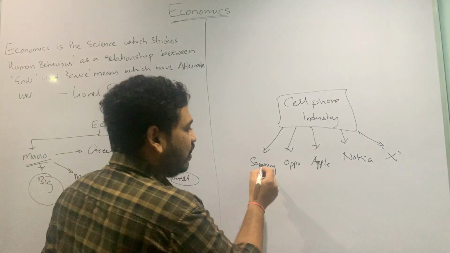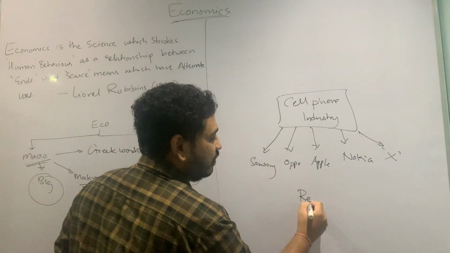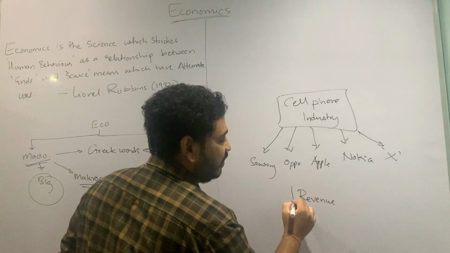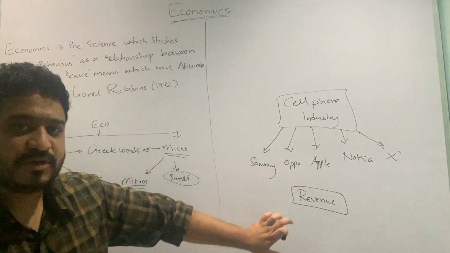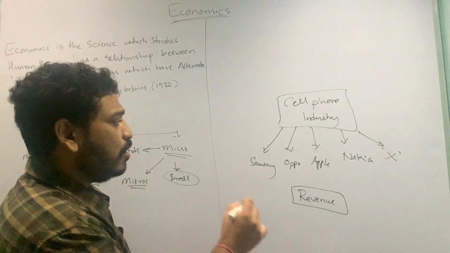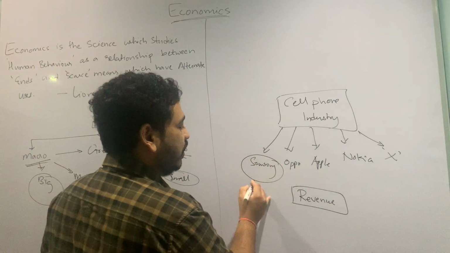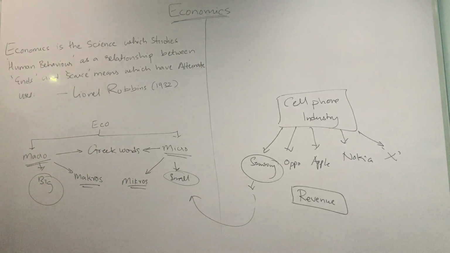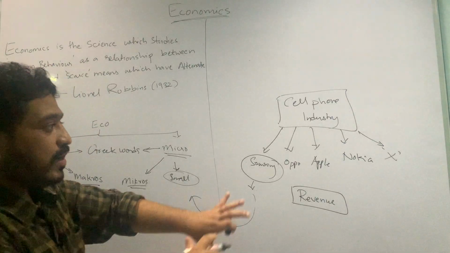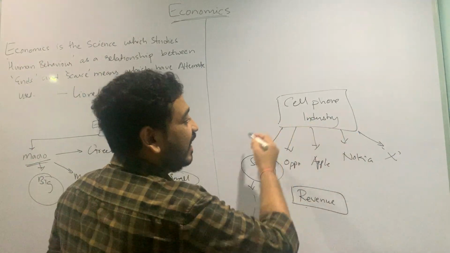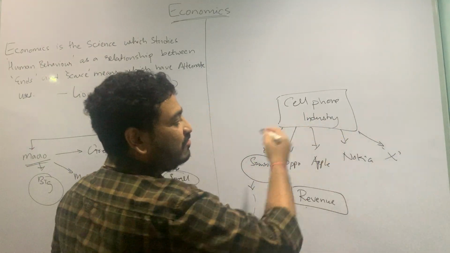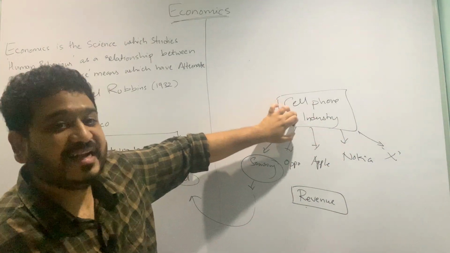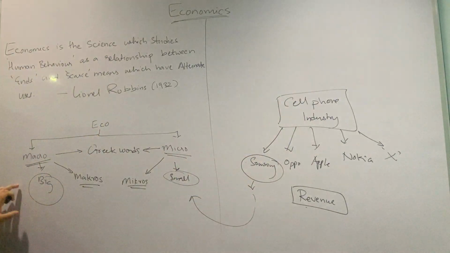If I want to study the revenue of an individual firm, I would call that microeconomics. When I study the revenue of all the firms together, which you call the industry, then I am looking at macro.